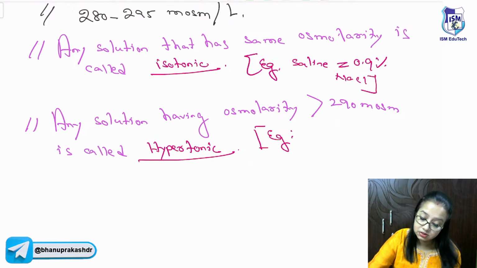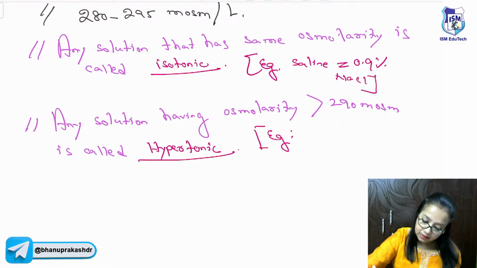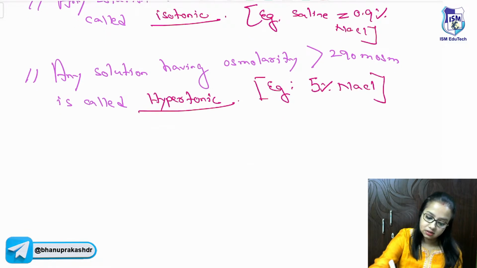Example, which is higher, right? So for example, like 5% NaCl. 5% is greater than 0.9%, so it is hypertonic.